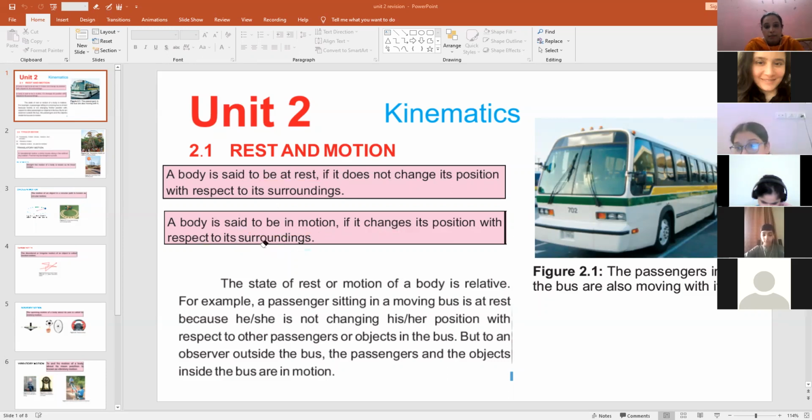So this is the difference between a state of rest and motion. But in some cases, rest and motion are relative to each other. How can we say that? Let's say a passenger is sitting in a moving bus.